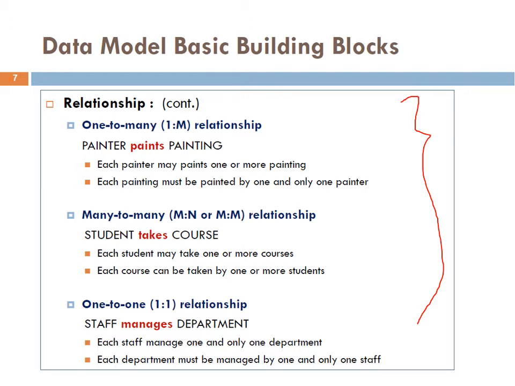Please read and try to understand how to describe the relationship between two entities. For example, here, a painter paints a painting. For one to many relationships, you can say that each painter may paint one or more paintings, or each painting must be painted by one and only one painter. So it is based on the two questions in the previous slides. So please understand this slide, referring to the questions given in the previous slides.